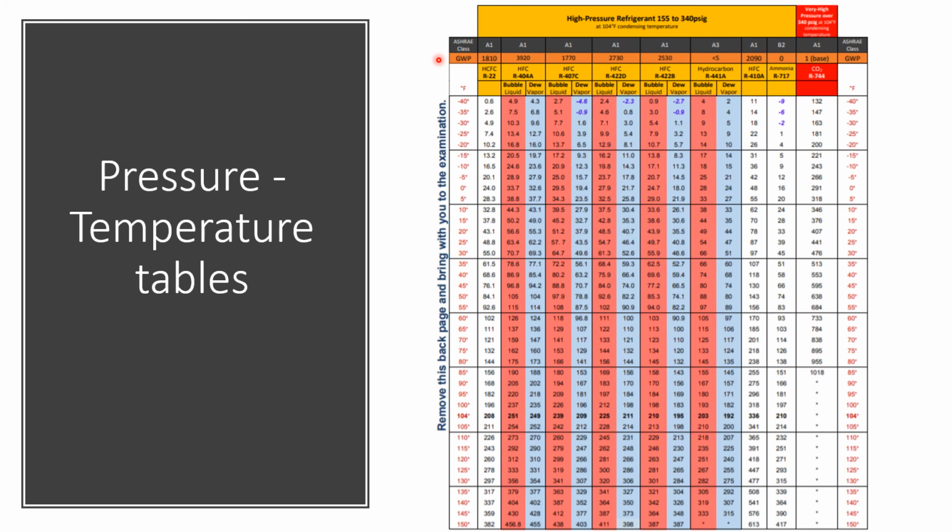Now that has nothing to do with this global warming potential, this GWP. The GWP is something completely different. So the ozone depletion potential is also a number, and that means that the certain refrigerant is going to go up in the stratosphere and tear apart our ozone layer and create havoc in our ozone.